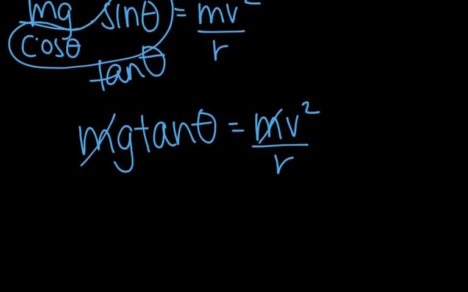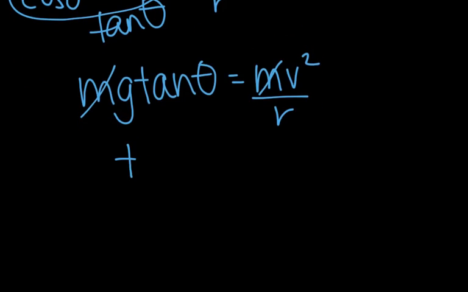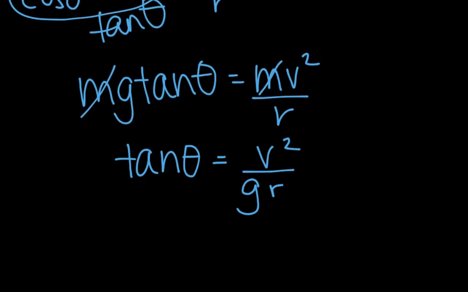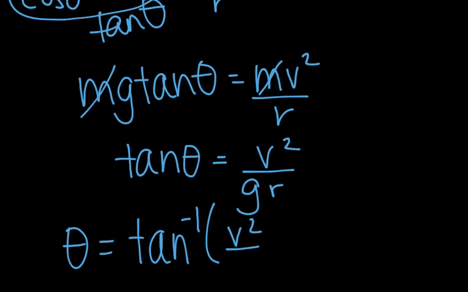Our m's cancel yet again, and we get tan theta equals v squared over gr. So our banking angle here is the inverse tan of v squared over gr.